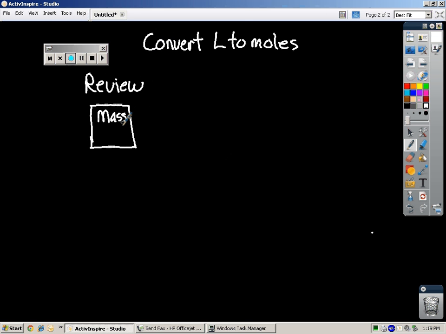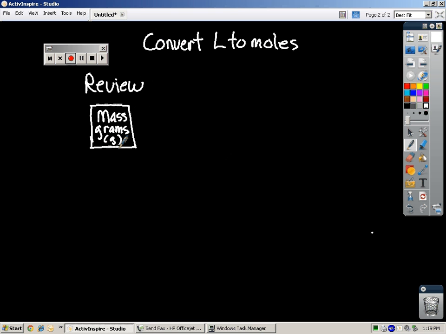What kind of units do we use for mass? Grams. And what is the symbol we use for grams? G. Okay, so when we want to convert things from grams, what do we usually convert them to?